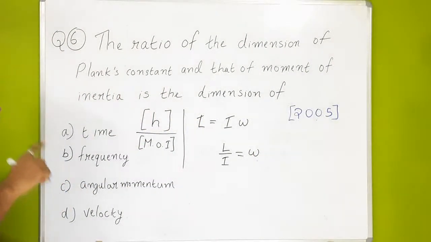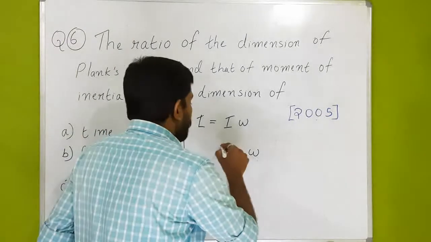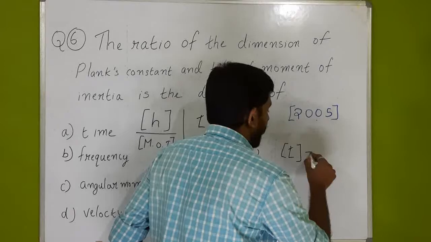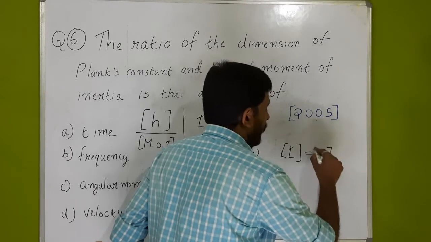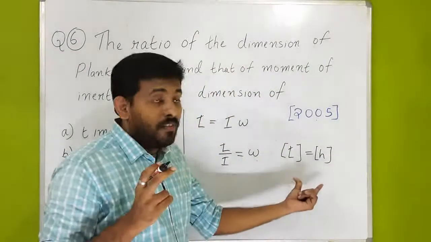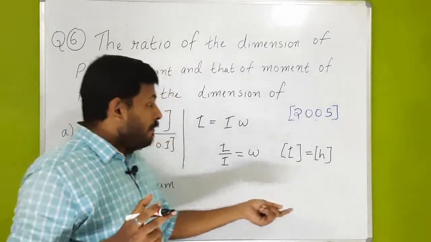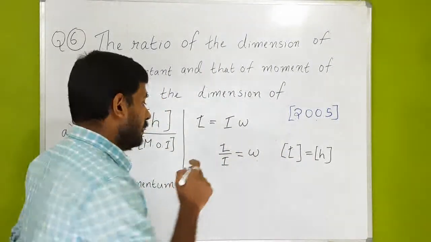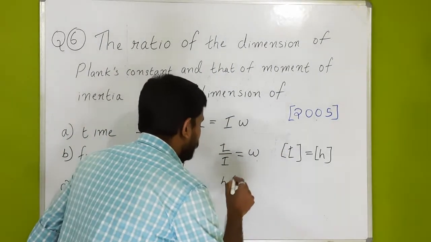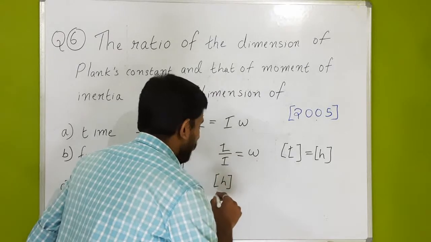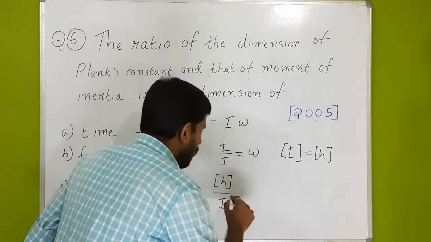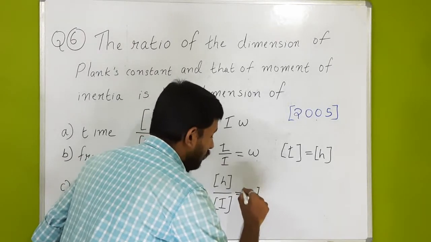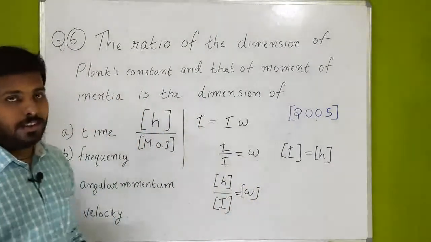And in the previous question, we find that angular momentum L cross and Planck's constant h both are having equal dimensions. Therefore, instead of L cross, we can substitute this h. Therefore, the dimension of h divided by dimension of moment of inertia is equal to dimensions of angular frequency.